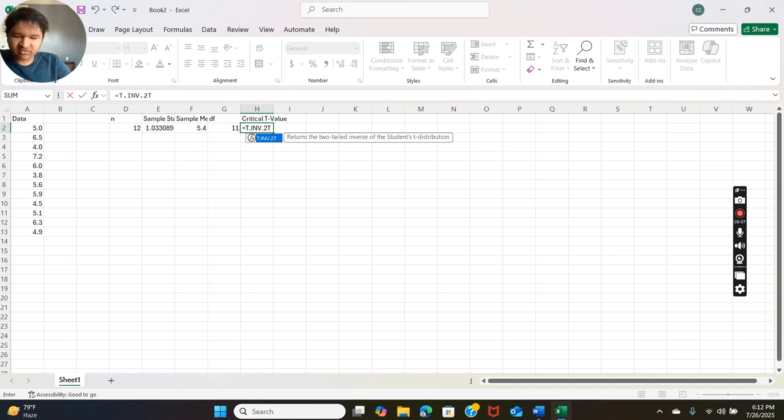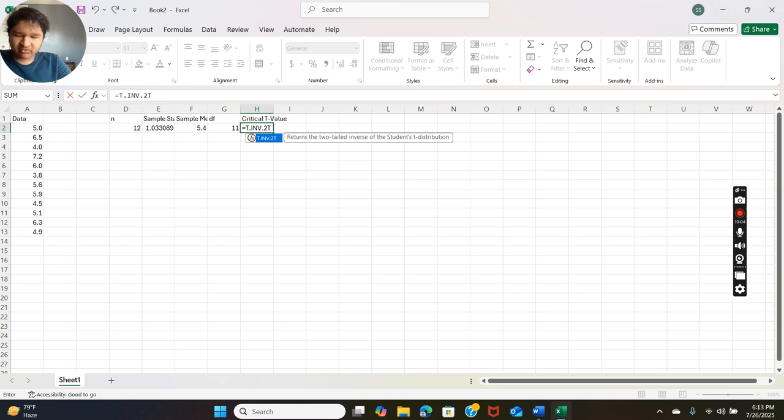I'm pretty sure that if you just type T here, then that will give you the one-tailed t-test instead of the two-tailed t-test. But right now we want the two-tailed t-test because for the confidence interval, it's the middle part that you want. So the two-tailed t-test will give you stuff on both sides, left and right.